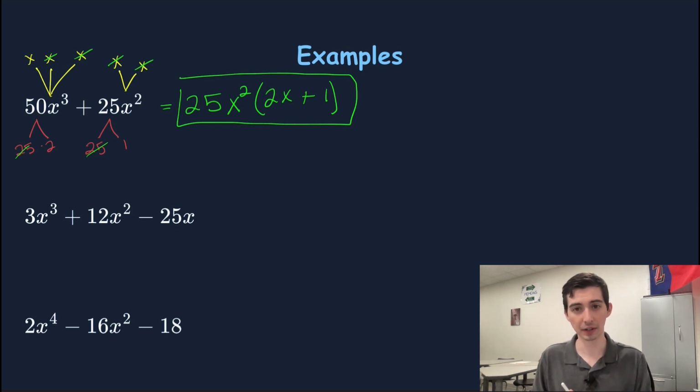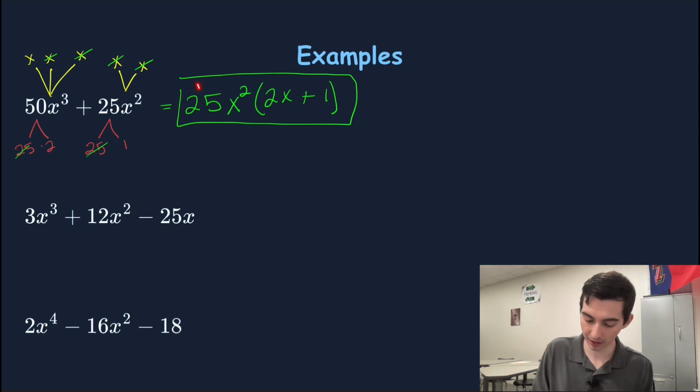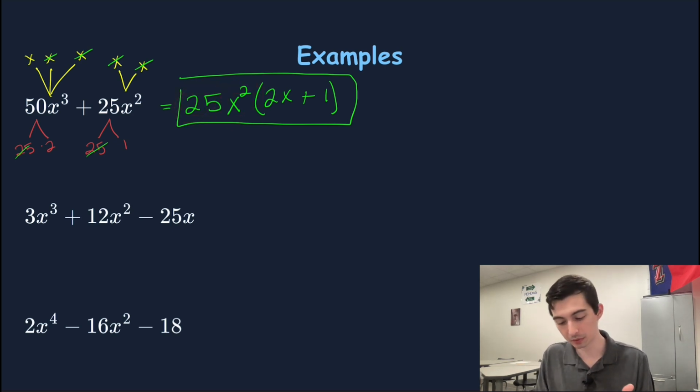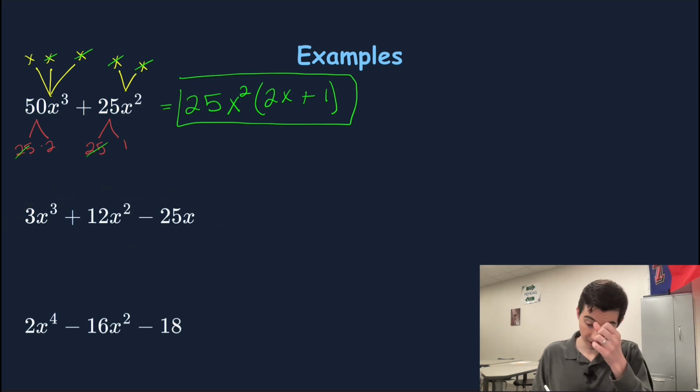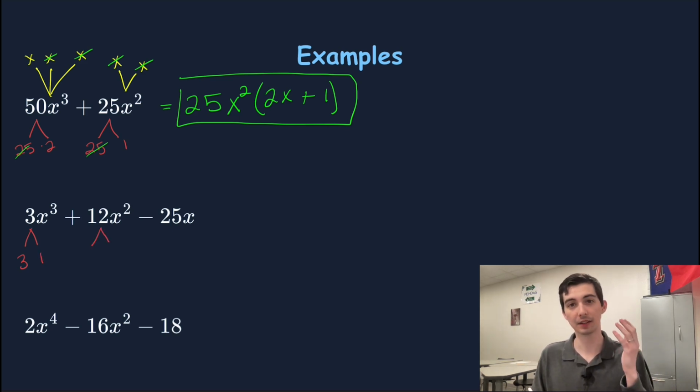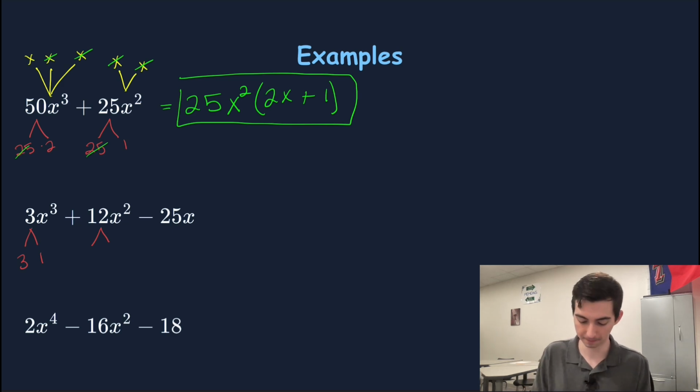We can look at another example now. Sometimes we're going to have the number and the variable, but sometimes we may just have a variable and sometimes we may just have a number. So let's look at this next example. Let's look at our numbers first. 3 can be factored into 3 times 1. And if we're trying to get something that we can divide all of our terms by, we're trying to get things in terms of 3.